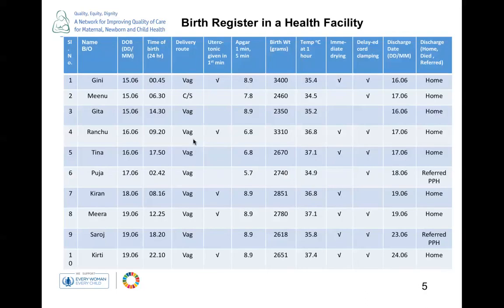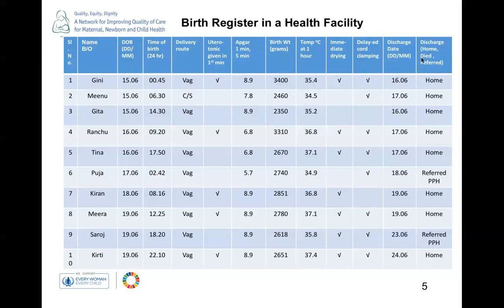Let us look at a birth register of a healthcare facility. This shows the data of 10 mother newborn dyads in the form of name, date of birth, time of birth, delivery route, use of uterotonic given within 1 minute, Apgar's 1 minute and 5 minutes, birth weights, temperature at the 1 hour of age, immediate drying of the baby which is done or not, delayed cord clamping which is followed or not, date and time of birth, and whether the patient needed a referral or had a complication.